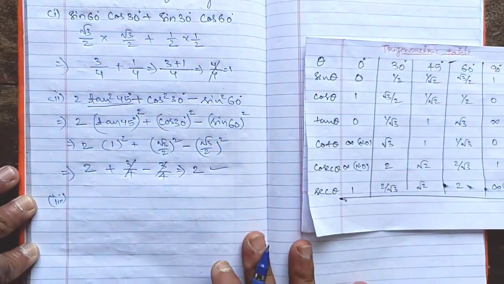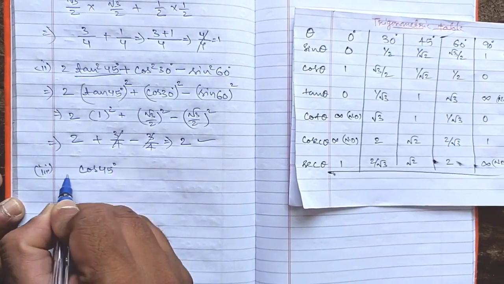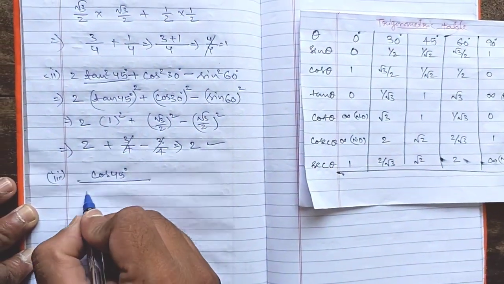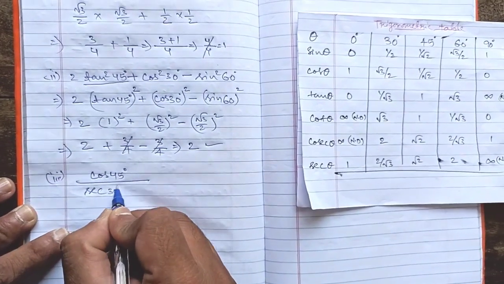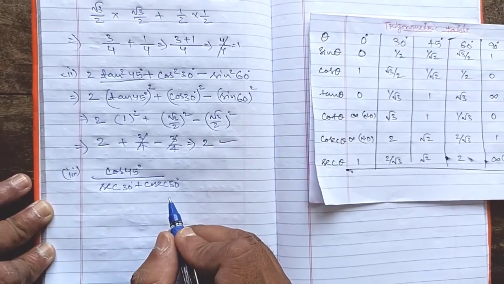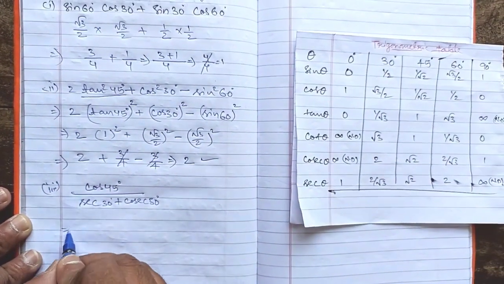Third bit. In the third bit the question is given cos 45 degree whole divided by sec 30 degree plus cosec 30 degree. So we will substitute its value.